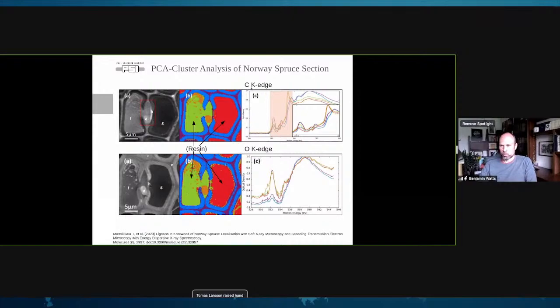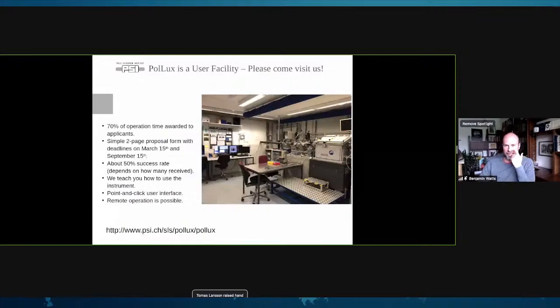And we can see this worked at both the carbon edge and the oxygen edge, and we can see the variations in the spectra, and we can analyze the peaks that we see here to get further information on what types of bonding is present in those spectral regions. So that's how things work in general.